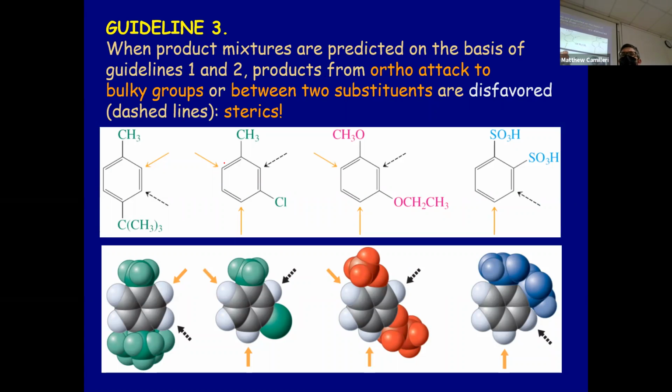Guideline 3, look at the bulkiness of the groups. Okay? I've already spoken about this a little bit, but you need to find the position that is less sterically hindered.